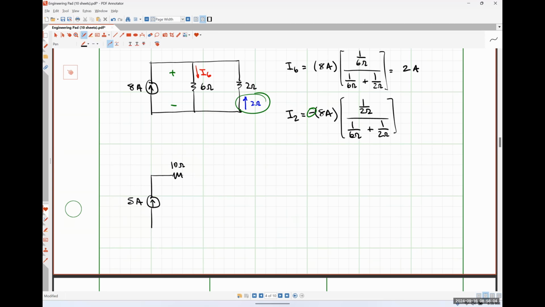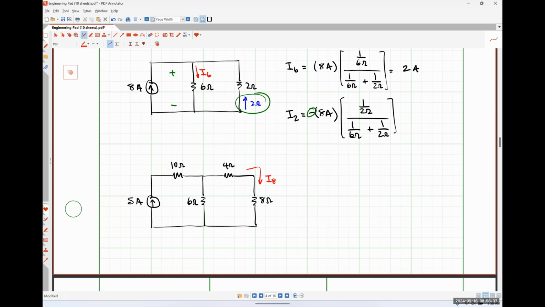Here's a 10 ohm resistor, here's a 6 ohm resistor, a 4 ohm resistor, and then an 8 ohm resistor. And I'm interested in the current flowing through my 8 ohm resistor.